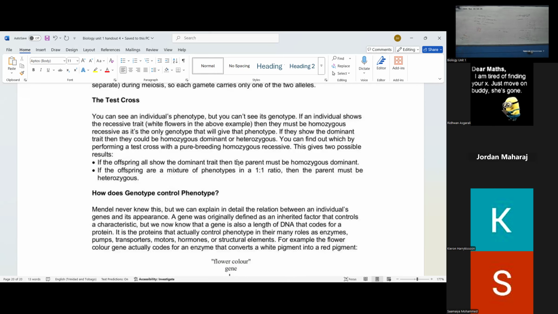So think about it like this. If you have a wrinkled seed and you randomly pick it up, would you know if it is dominant? Would you know if it's homozygous or heterozygous? You wouldn't. So what you have to do is test cross it with a round seed that you know is homozygous recessive.